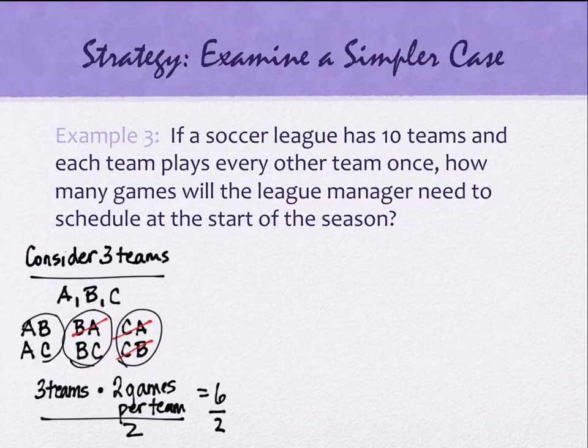I have 3 teams, and each team plays 2 games. But if I count all of those, I counted every game twice, because I counted them for Team A and I counted them for Team B. So AB was written down twice, and that happened for every game. So what would I need to do if I'm thinking of that mindset for my 10 teams?